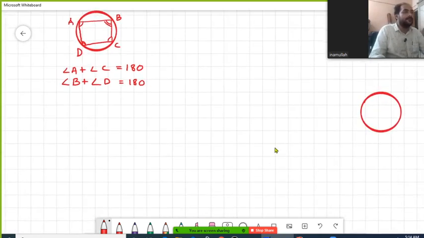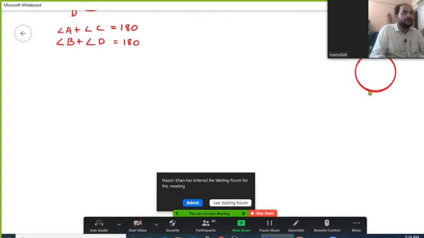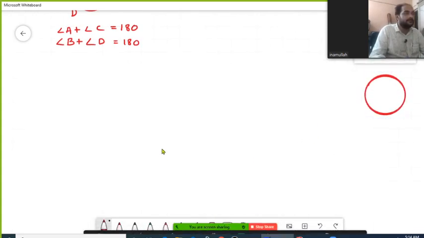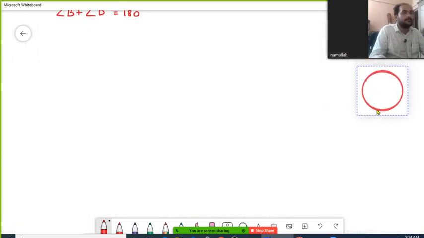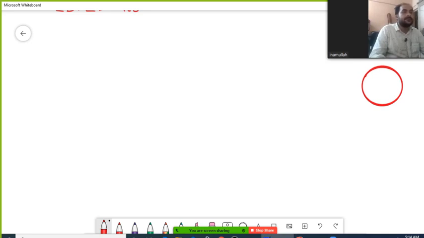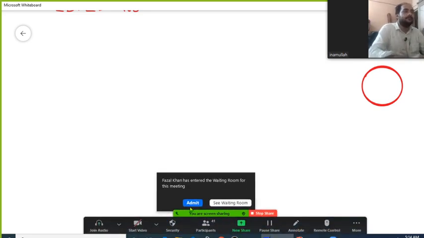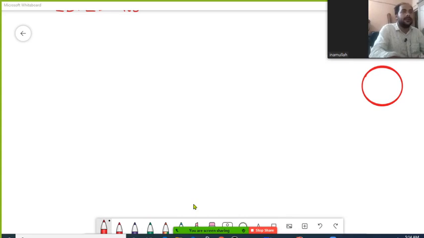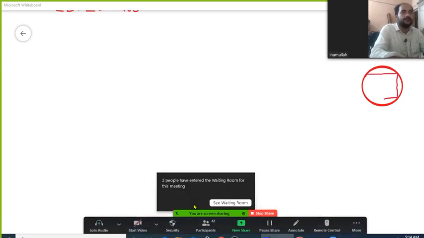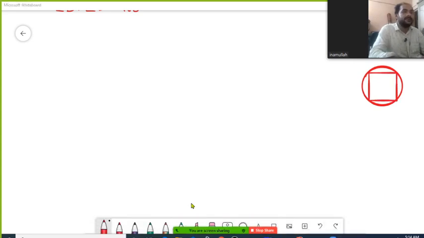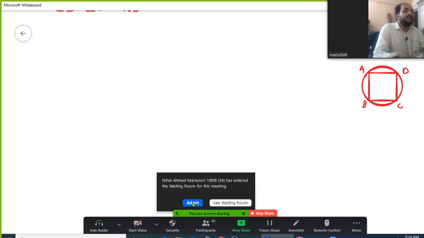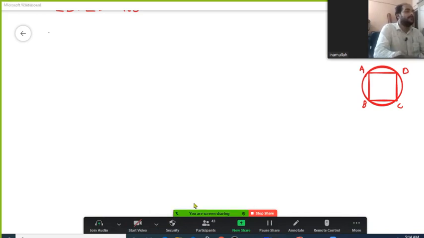Look, we're going to prove the cyclic quadrilateral theorem. Suppose you have a quadrilateral ABCD, which is inscribed in a circle. First we will write the given information.